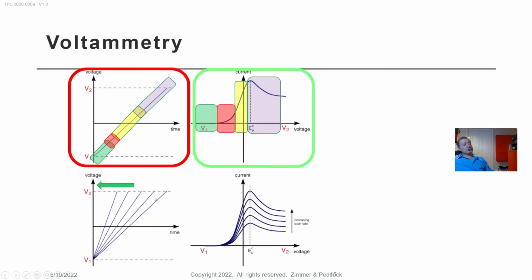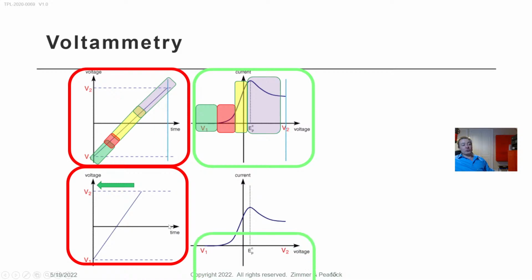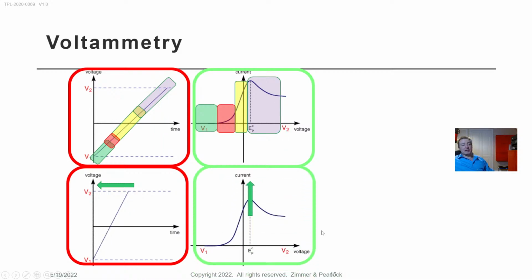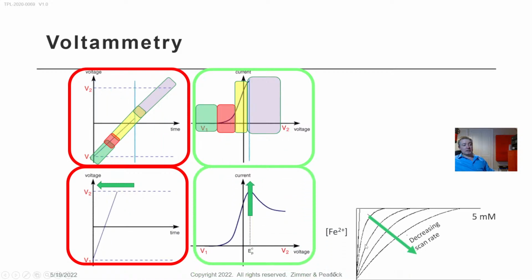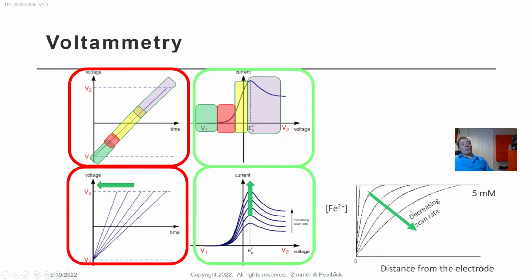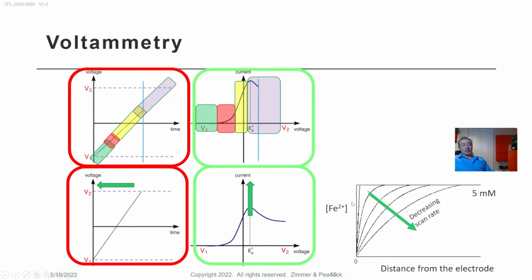As you decrease the time, in other words as the scan rate increases, you will know that the peak height increases. The reason this happens is that in our diffusion control region, we have a concentration gradient, in this case of ferrocyanide, which is proportional to the scan rate.